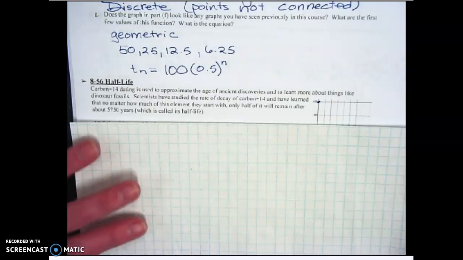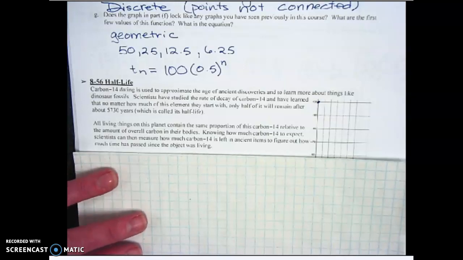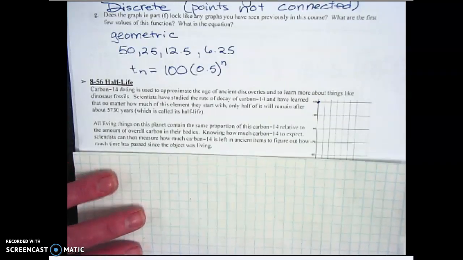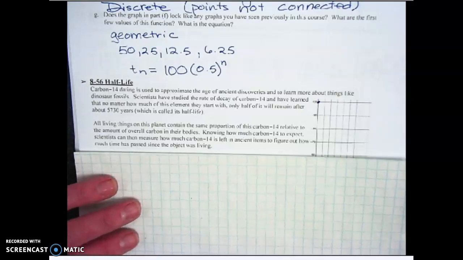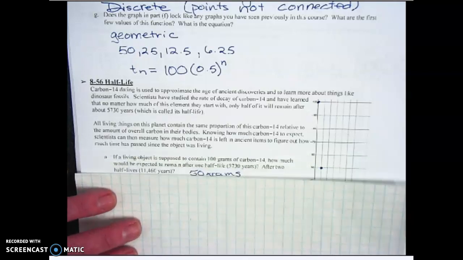0.5, okay. So all living things on this planet contain the same proportion of this carbon-14 relative to the amount of overall carbon in their bodies. Knowing how much carbon-14 to expect, scientists can then measure how much carbon-14 is left in ancient items to figure out how much time has passed since the object was living.